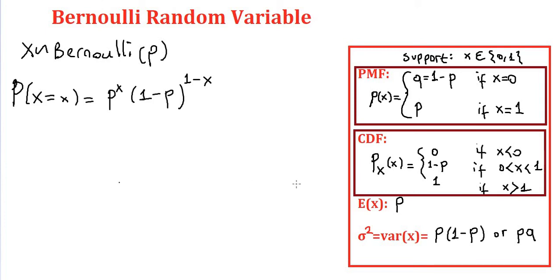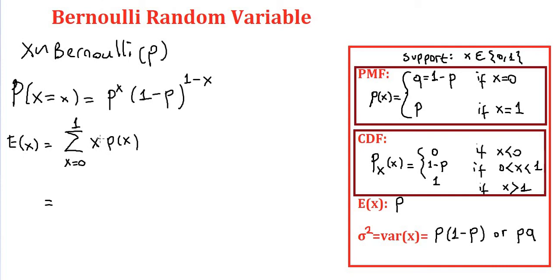So we can derive the expectation. The expectation for a discrete random variable by definition is the summation of x times the density function. We sum over all possible outcomes, from 0 to 1. We have two outcomes, so we can sum them.